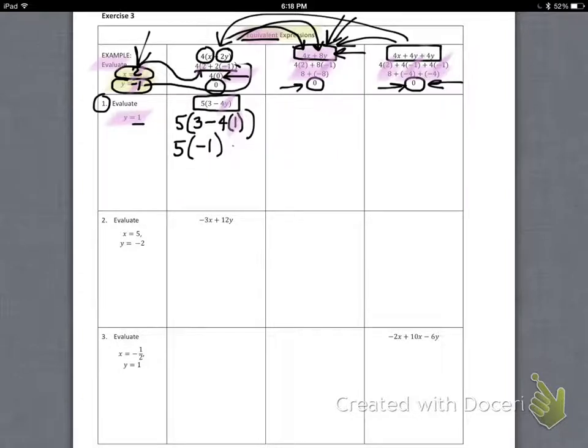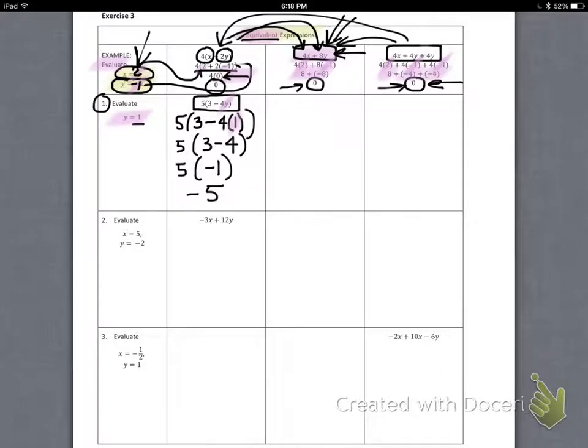Actually maybe I should do one more step anyway. Okay, so again 5, and then 3 minus 4, because I've just done the multiplication. I multiplied 4 times 1, okay? So then it's going to be 5, and then if I complete what's inside of here, 3 minus 4 is actually -1, okay? And then 5 times -1 is -5, okay?